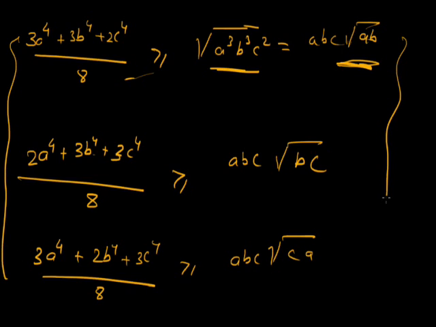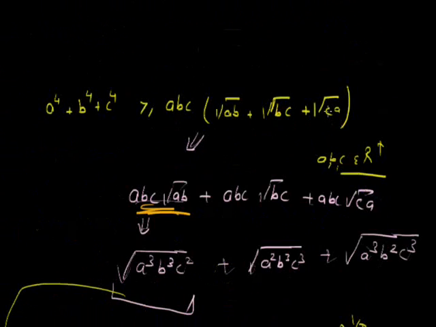If we sum up these 3 equations, that means 3a⁴ plus 2a⁴ plus 3a⁴, 3 plus 2 is 5, plus 3 is 8, again 8, again 8. On the right side is the quantity which has to be proved.